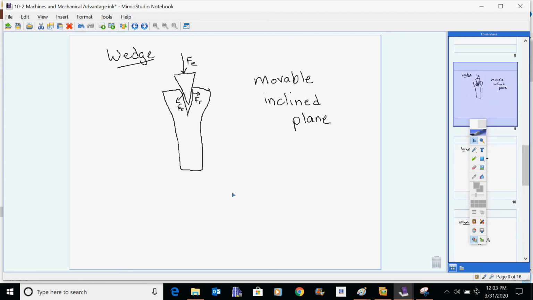A wedge is useful for being able to split wood, or it's used in a zipper, or in various other different ways. It is a movable inclined plane. So instead of the thing being pushed up the ramp, it's really being shoved through whatever it is that's being split. So with this wedge, you might be pushing down on the wedge, and what it's doing is splitting back and forth.